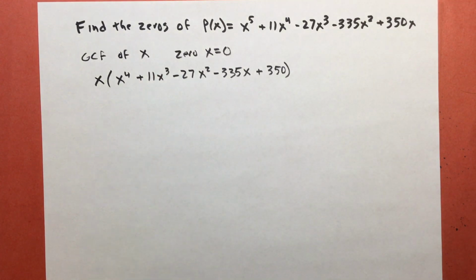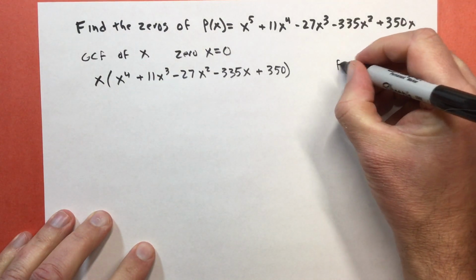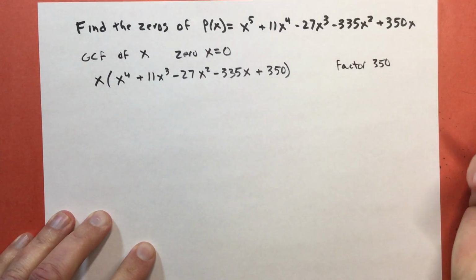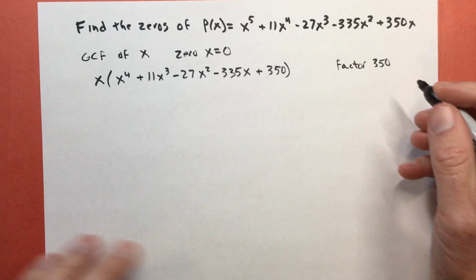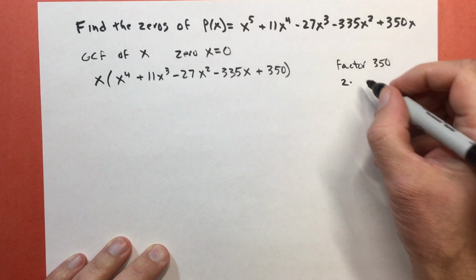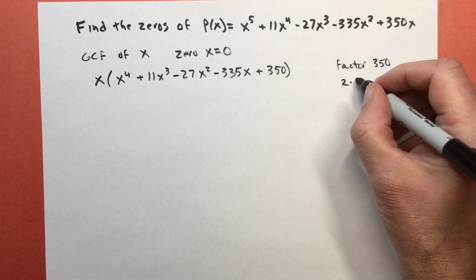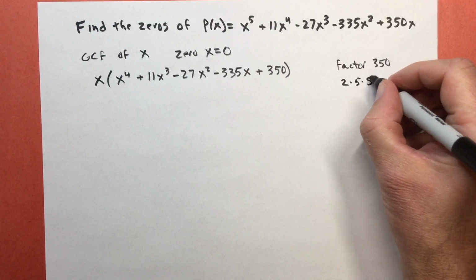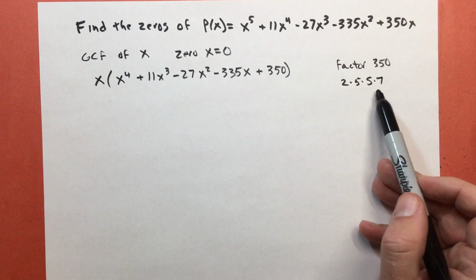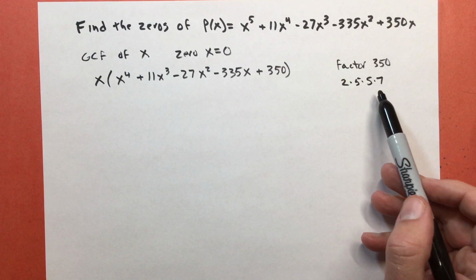So the first thing I need to do is factor 350. So 350 is 2 times, let's see, 175, which is 5 times 35, which is 5 times 7. So here are the numbers that I'm going to try when I use synthetic division.